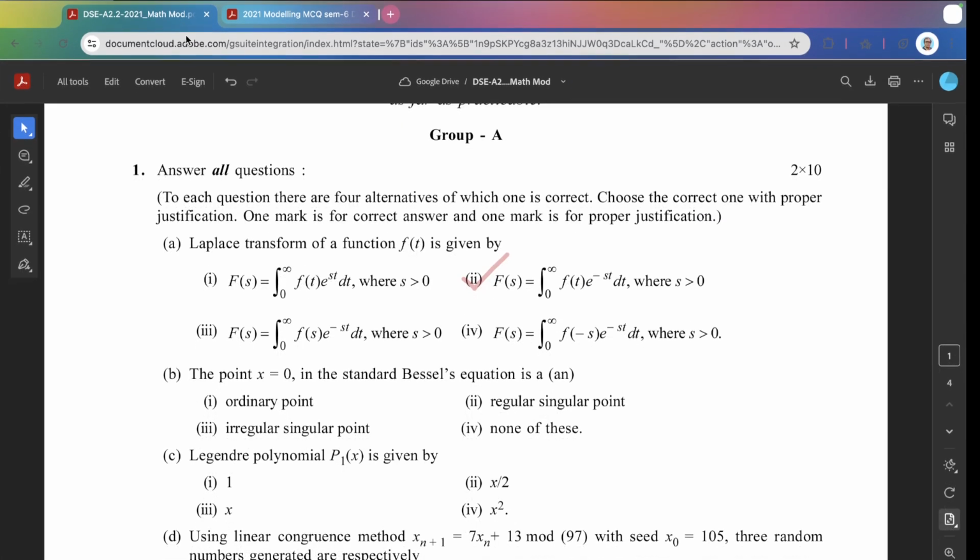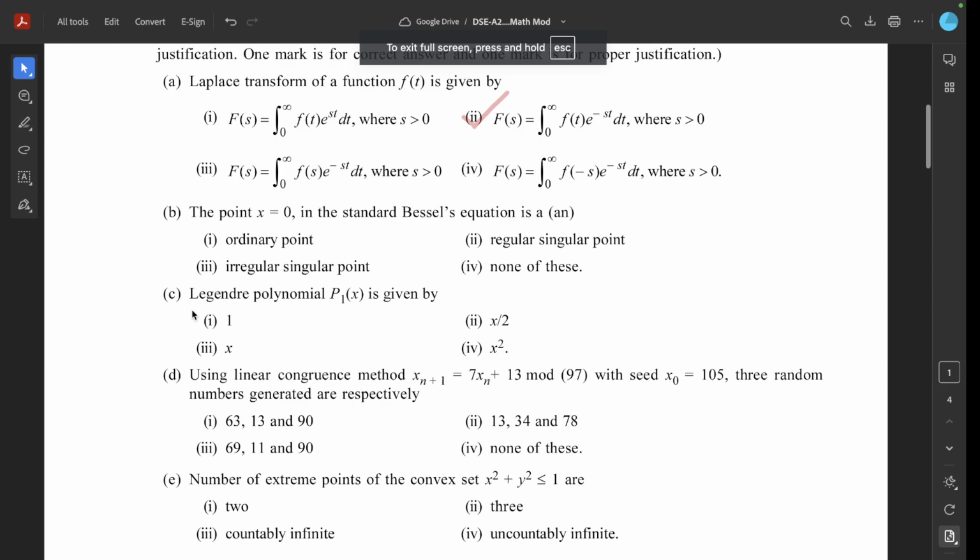Next question 1b. The point x equal to 0 in the standard Bessel equation is a or an, correct option is 2, a regular singular point.